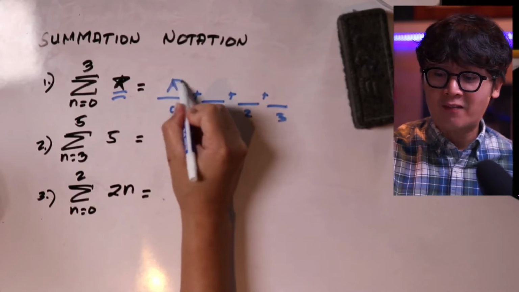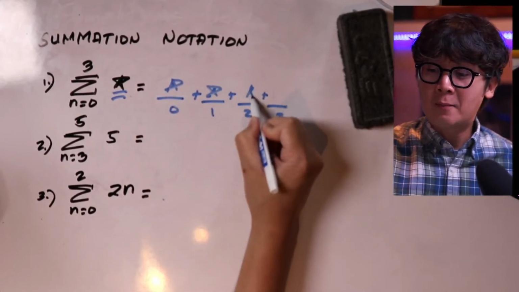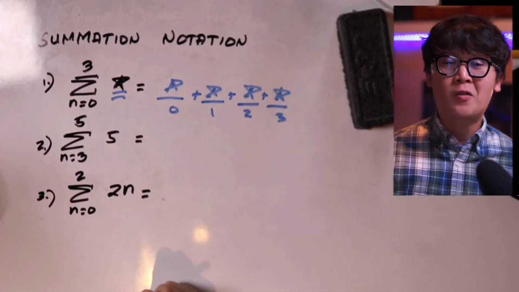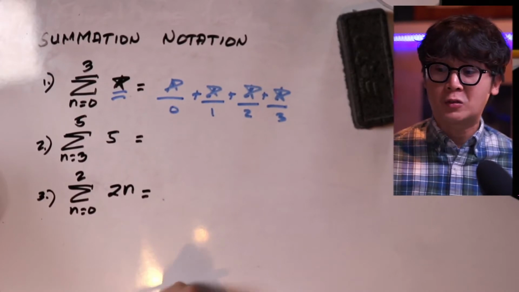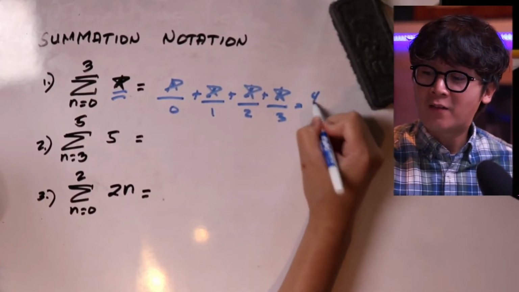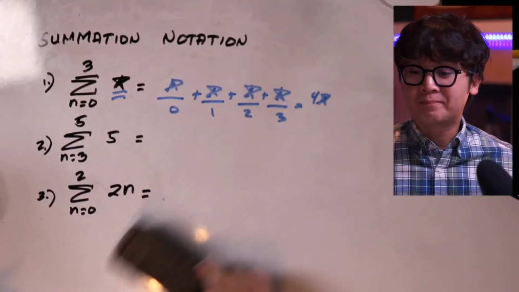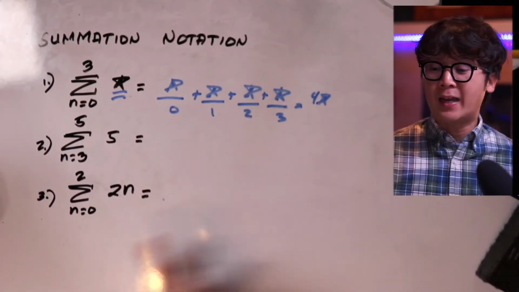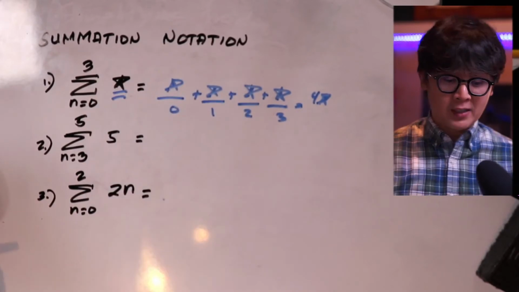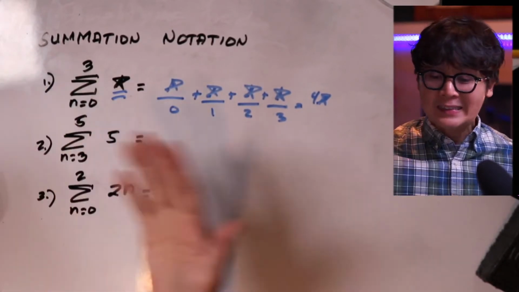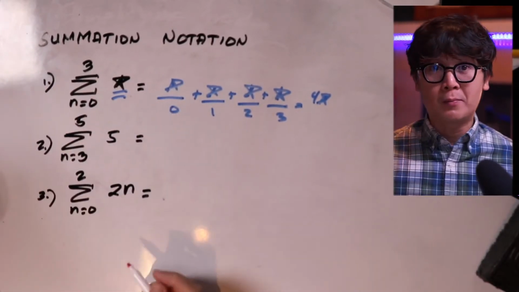So we have a star plus a star plus a star plus a star. The summation of star from 0 to 3 is simply 4 stars. This is how we communicate in mathematics and make sure we understand the summation notation, so that it can be easily solved, similar to problem number 2.